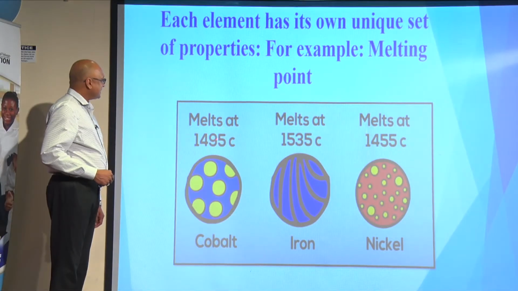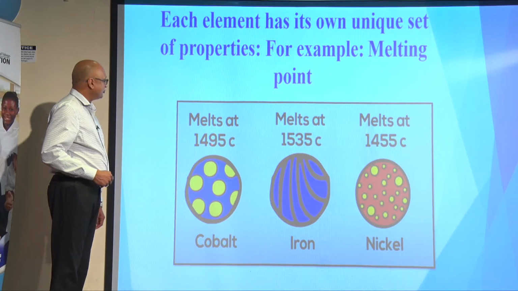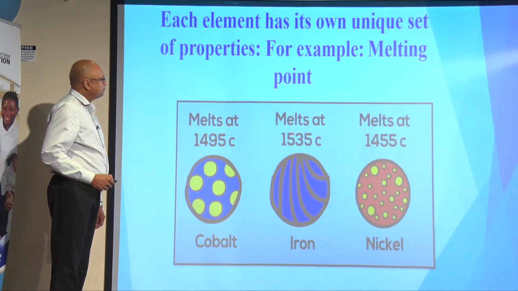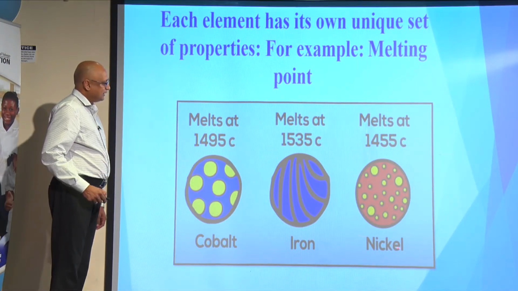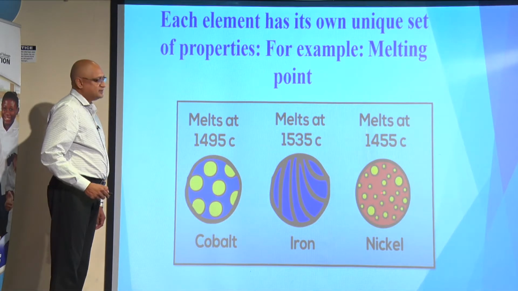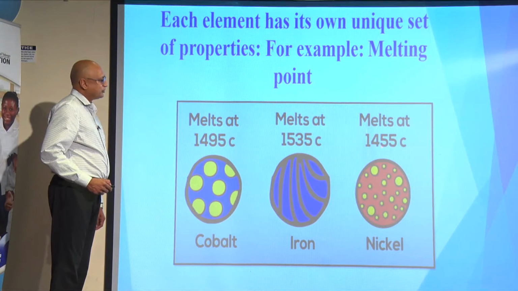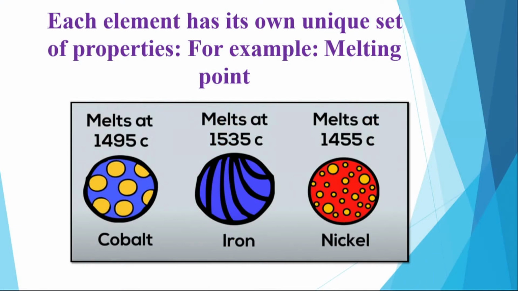It melts at 1,495 degrees Celsius. Iron, only iron atoms, melts at 1,535 degrees Celsius. Nickel only contains nickel atoms, and it melts at 1,455 degrees Celsius.